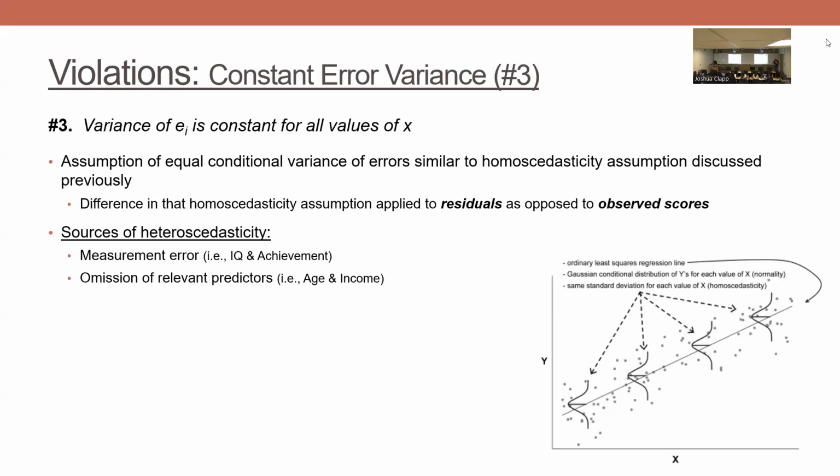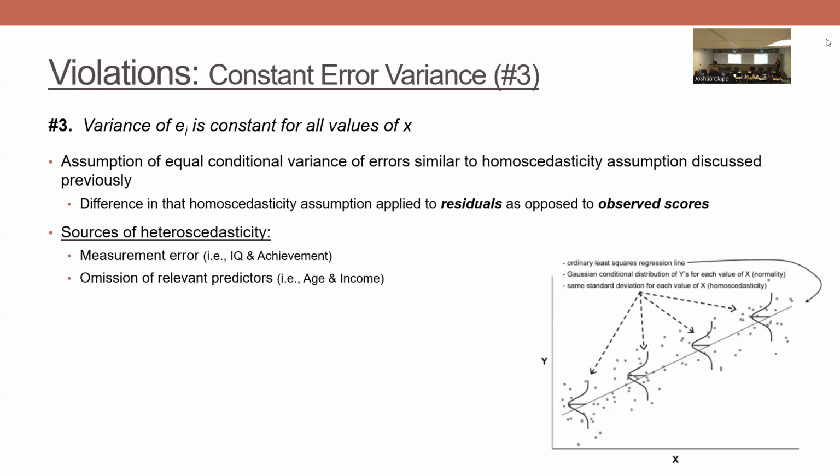What I'm likely to see in my errors is that things get more and more spread out. Down here at the bottom, we're kind of in the bell of the normal curve. I'm pretty good, and I have some errors, but as I get bigger and bigger values, my errors get bigger and bigger. They start to spread out. This is where we might see evidence of heteroscedasticity.